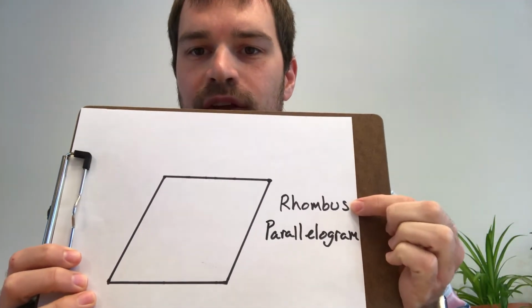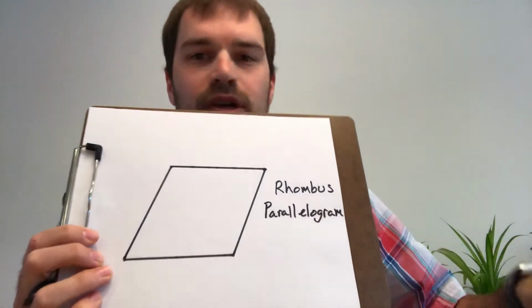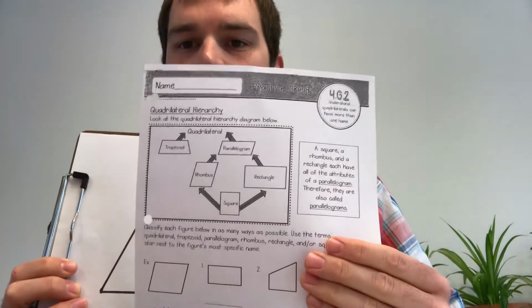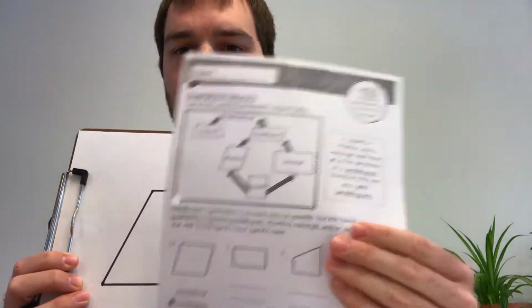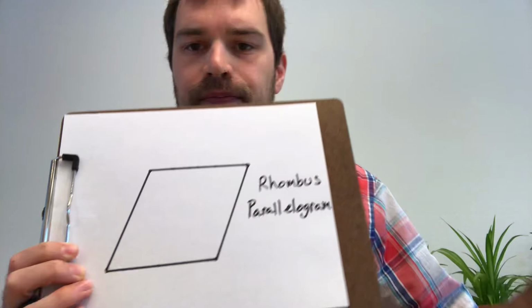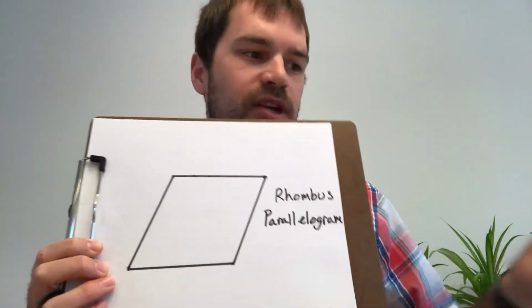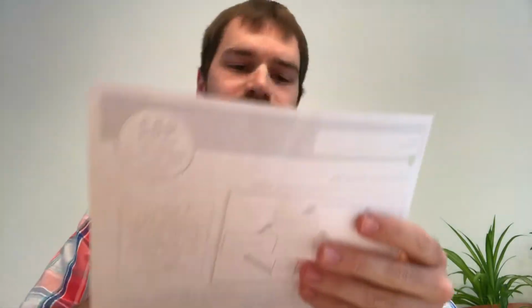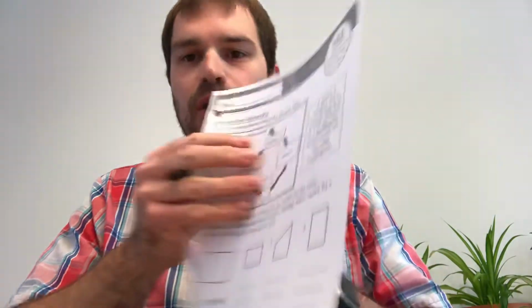Now we have two classifications. We initially identified it as a rhombus. We looked on our hierarchy chart, went up, and saw that a rhombus can also be a parallelogram, and it fit within the definition. If you look at the hierarchy chart one more time, the arrow points up past parallelogram to the center, to the quadrilateral.